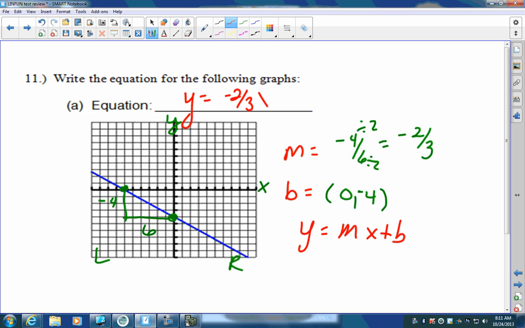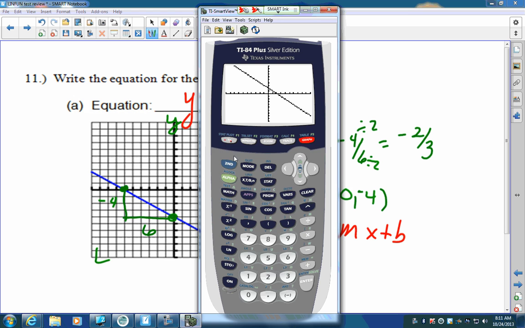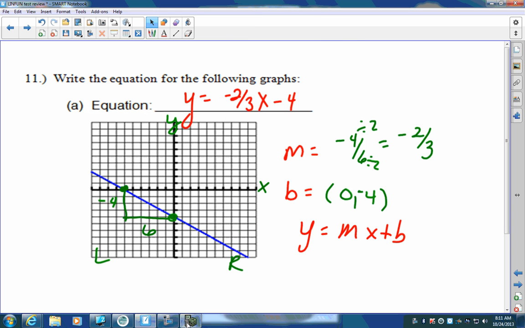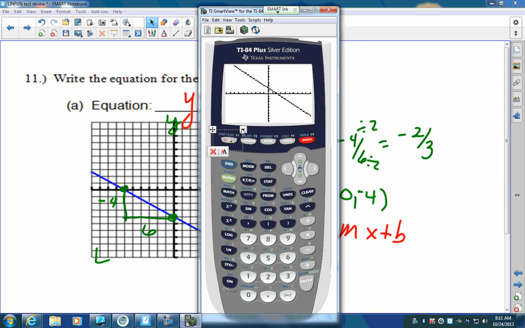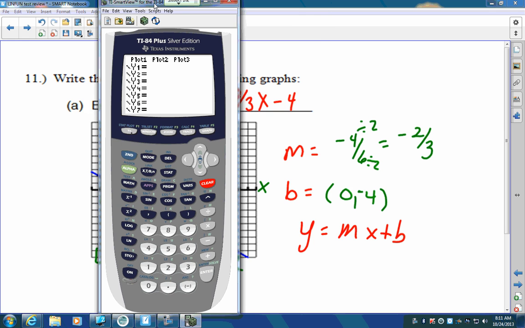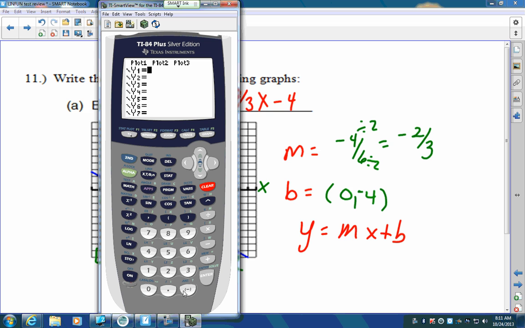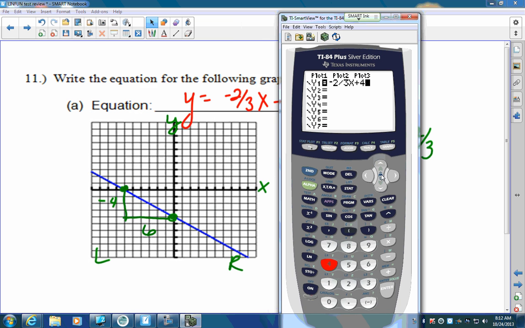Now, let me tell you this. One of the reasons why I tell you to go and check it is because if I went into the calculator and put in what I originally had, which would have been negative 2/3 x plus 4, because I forgot to put the negative, I would have seen right here that it's crossing at positive 4, and I would have seen I made a mistake.